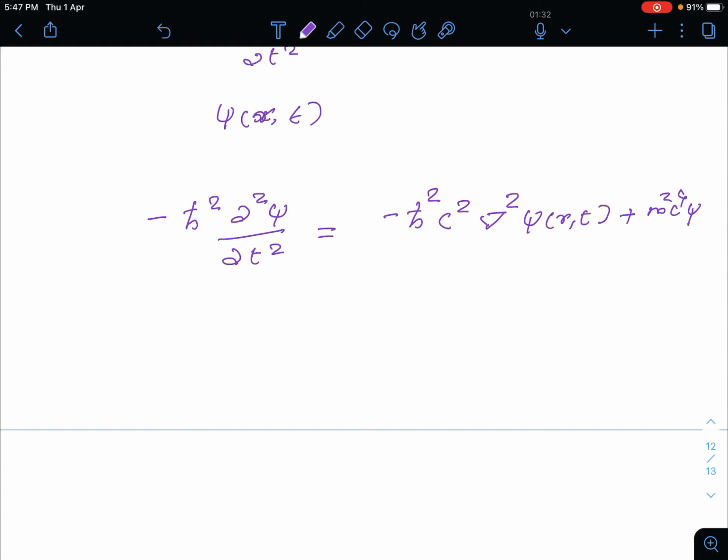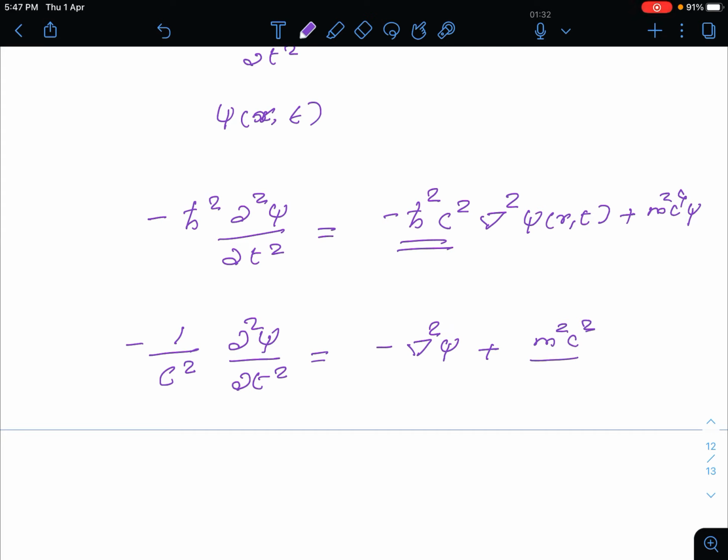Now what I'm going to do is divide throughout by h cross square c square. What you will get is 1 by c square dou square psi by dou t square is equal to minus del square psi plus m square c square by h cross square psi.